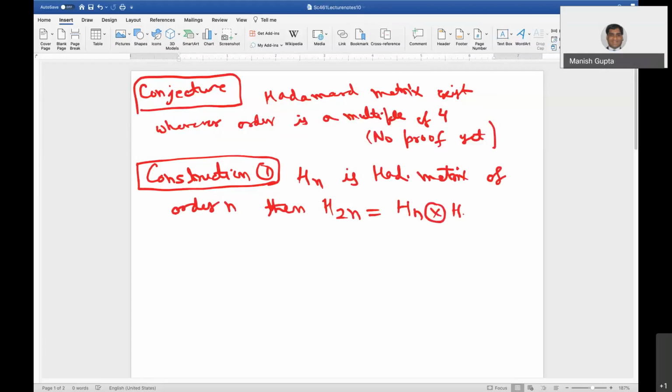I'm going to explain what a tensor product is. In other words, this is Hn, Hn, Hn, minus Hn. Remember, H2 was 1, 1, 1, minus 1. So basically we have blown up the entire H2.